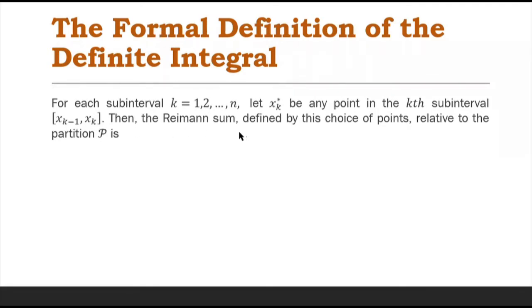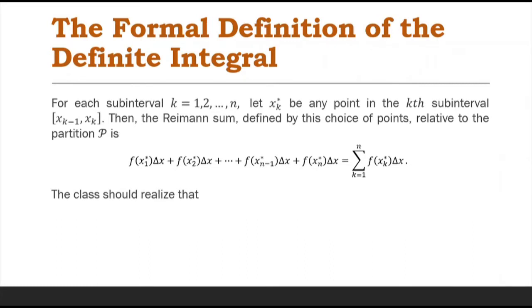Then the Riemann sum defined by this choice of points relative to the partition P is f of x asterisk 1 delta x plus f of x asterisk 2 delta x plus and so on up to f of x asterisk sub n minus 1 delta x plus f of x asterisk sub n times delta x, which is the same as the summation of f of x asterisk sub k delta x, where k starts from 1 up to n.